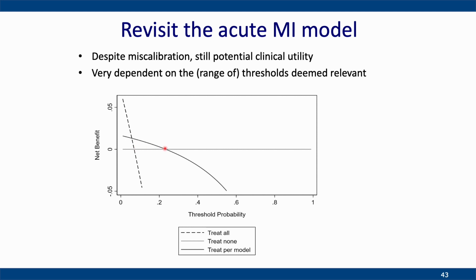But the miscalibration later is not helping us too much, because that makes the net benefit lower than the treat none. So a more miscalibrated model will have worse clinical utility than it could have done, but still may have utility. So calibration and good discrimination is something we should always be striving for, but it doesn't mean a model has no clinical utility if it isn't well calibrated or isn't perfectly discriminative.